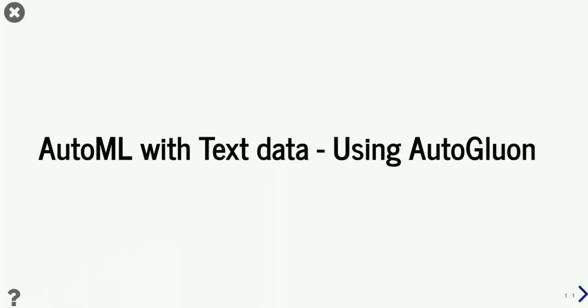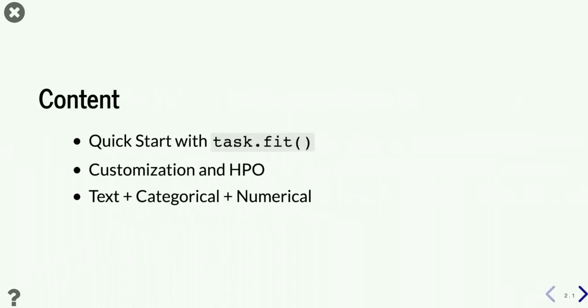Hello everyone, I'm Xingjian Shi from AWS. Next, let me introduce how to use AutoGluon to deal with text data. In the first section, I will explain the basic usage of the text prediction task. Given a new natural language processing dataset, you can, from AutoGluon, import text prediction as task, and then call task.fit to get a model.